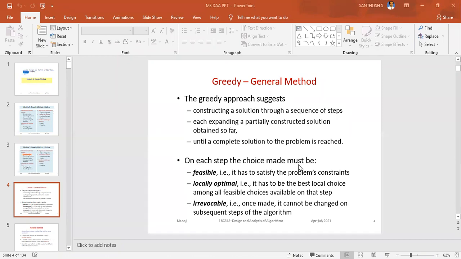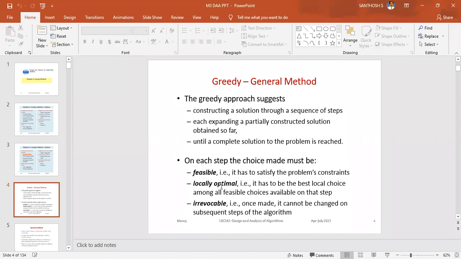So you are constructing a solution and expanding it until a complete solution is found. In each step, the choice made must be feasible. That means it has to satisfy the problem constraint. Constraint means condition. Second, locally optimal. It has to be the best local choice among all feasible choices available on that step.